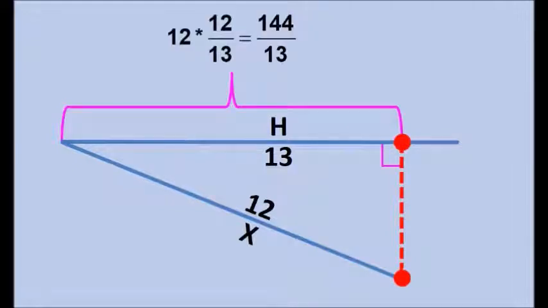So, remember that this distance is 12 times 12/13ths, the projection of our x vector in the h vector's direction. Again, it's how much our x vector contributes to h's total distance. So what does this remaining distance represent? It's the projection of the y vector in the h vector's direction.